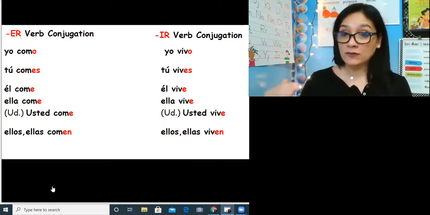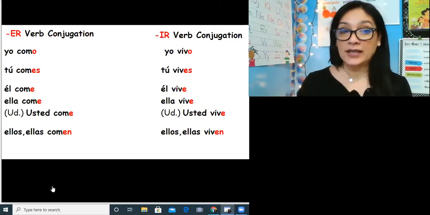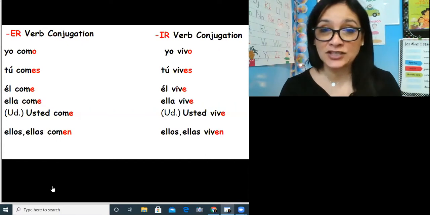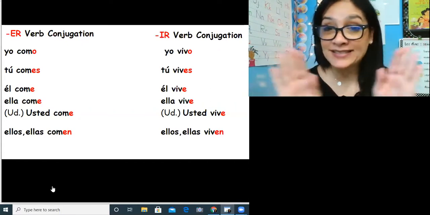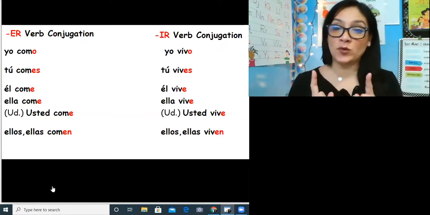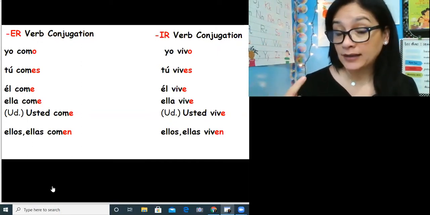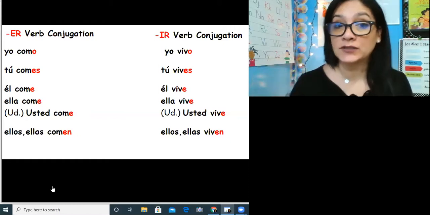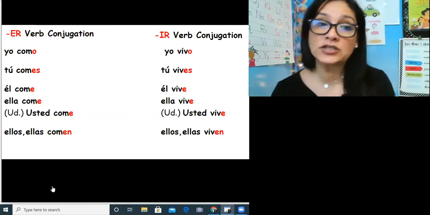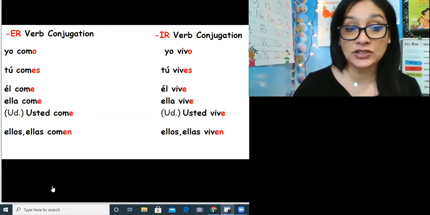So for IR verb conjugation and ER verb conjugation in fourth grade, it's the same. The reason why I say fourth grade is because in fifth grade, we learn how to say we. And that is where you'll see the difference between IR verb conjugation and ER verb conjugation in Spanish.